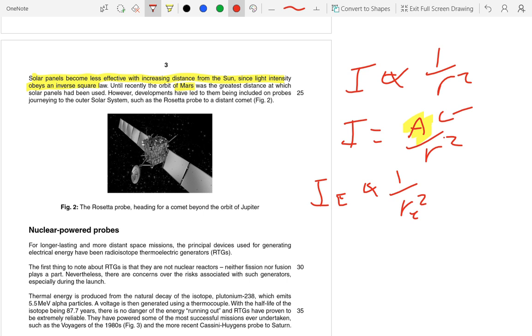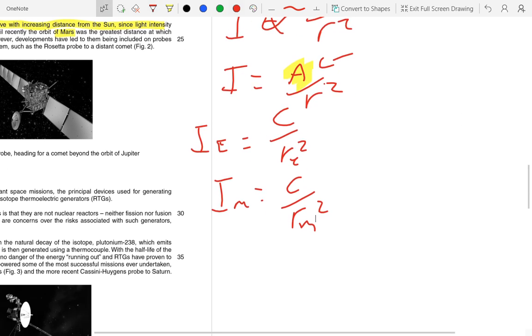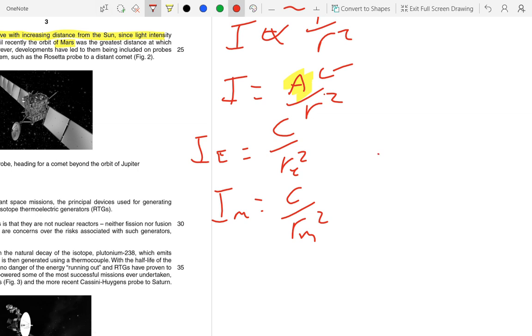We can even say, for now we'll make up our own constant, we'll call it c, not to confuse with the I up there, and then I Mars equals c over r_M squared, and then the ratio of the intensity would be just 1 divided by the other, so I_E over I_M equals r_M squared over r_E squared.